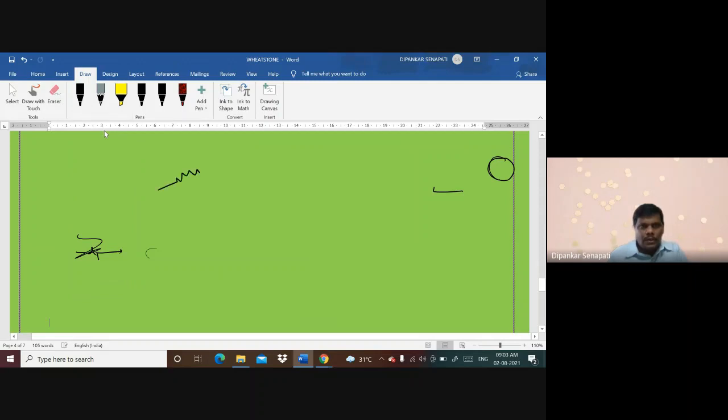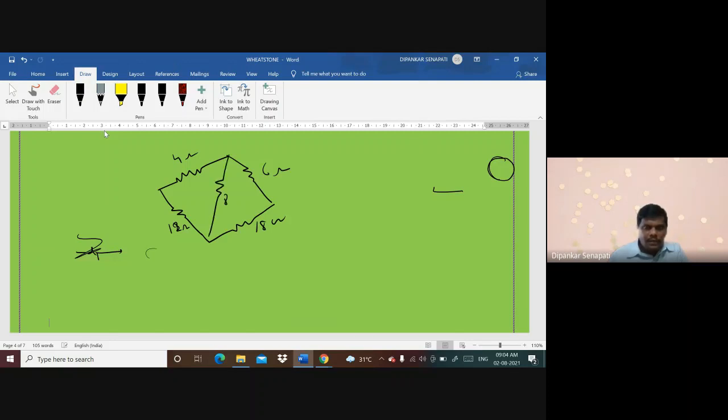Suppose there is a circuit like this. This is 4 ohm, this is 6 ohm, this is 12 ohm, and this is 18 ohm. And there is an 8 ohm resistor. You have to find the equivalent resistance between A and B.